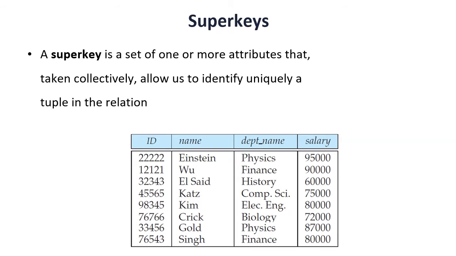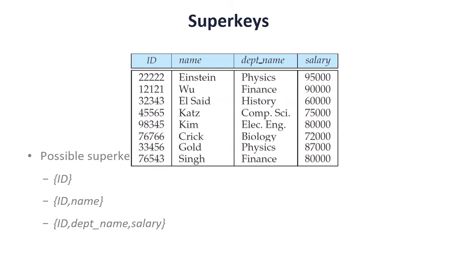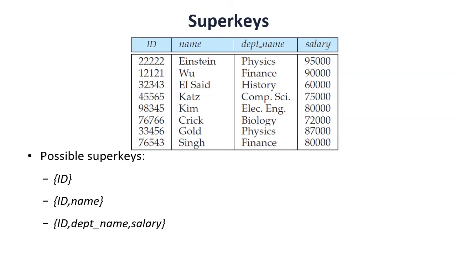For example, in our instructor table, we have the ID attribute and each instructor has a unique ID. So ID is a superkey for the instructor table. And there are other possible superkeys as well. For example, if we take ID and name together, we can see that they can uniquely identify each row.